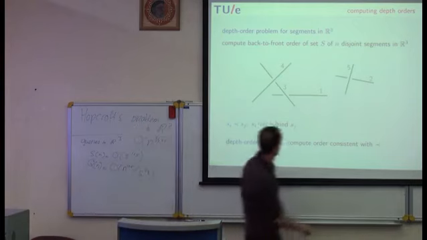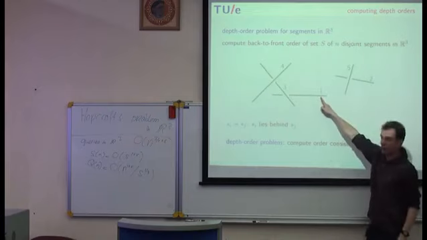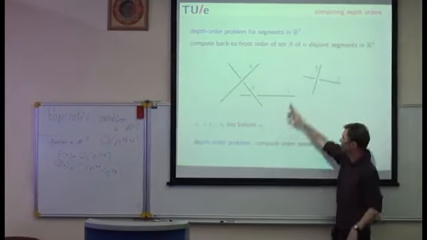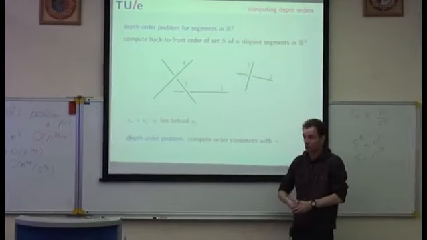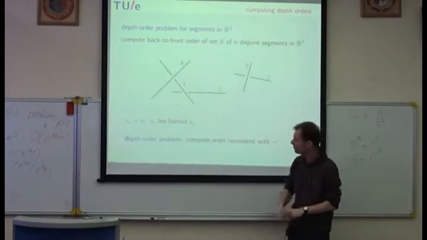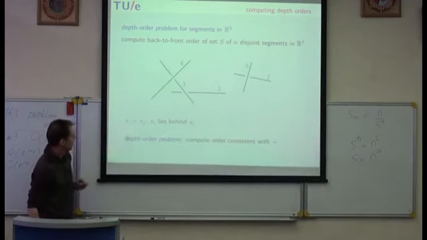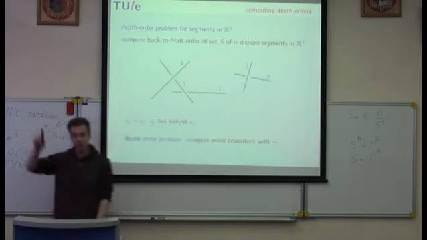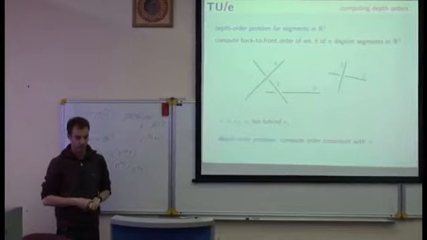So it could be that this segment is much lower than this one in z coordinate, but it's not behind, because when I project they don't intersect in the projection. So the problem I have is I have this set of segments and I want to compute an ordering which is consistent with this smaller than operation.